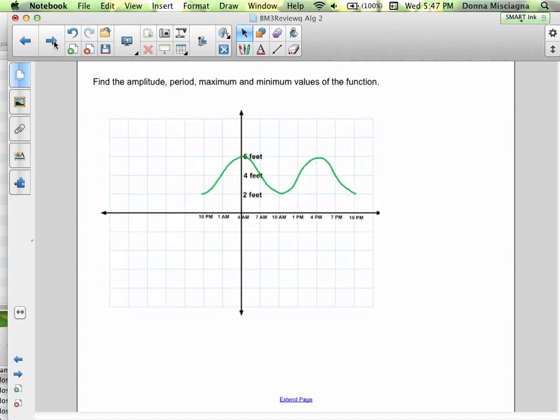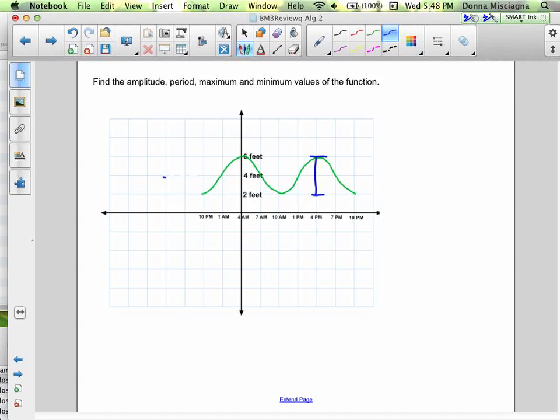Right, here now we're going to look at some graphs, find the amplitude, period, maximum, and minimum values of the graph. All right, so the amplitude is the distance from the low value to the high value, and we take that and divide it in half. Right?